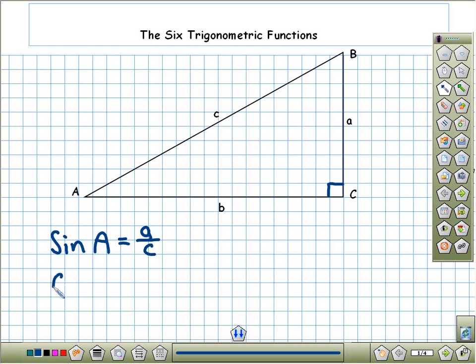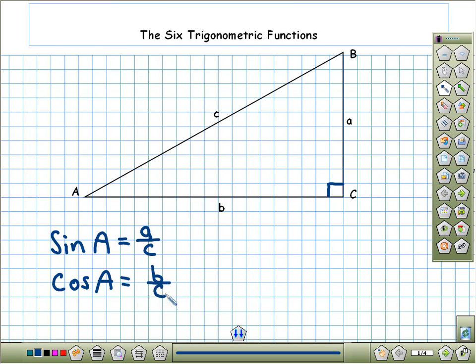Now we also have cosine. And I'm putting over here on the left the most common trig functions, the ones you're probably most familiar with. Cosine A is like sine A, only it's the adjacent over hypotenuse. So it's the adjacent side over hypotenuse.